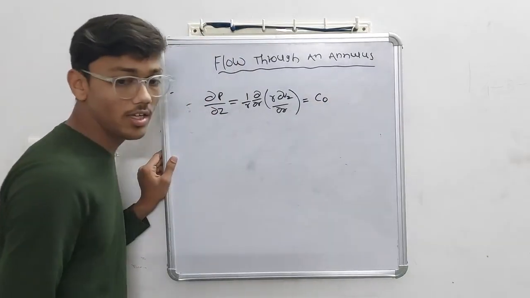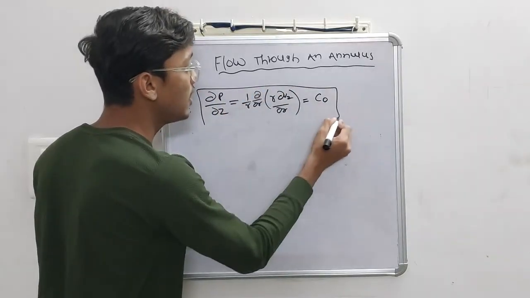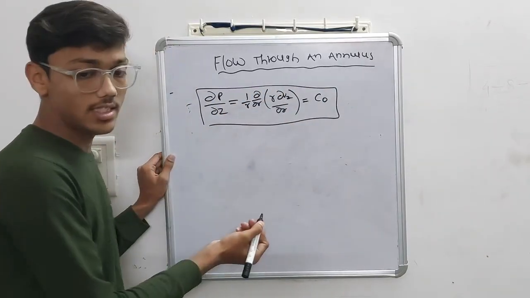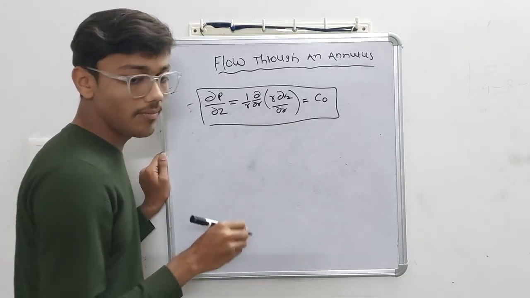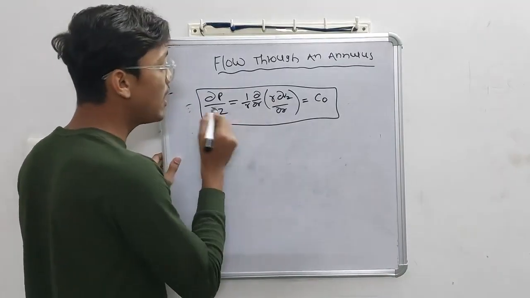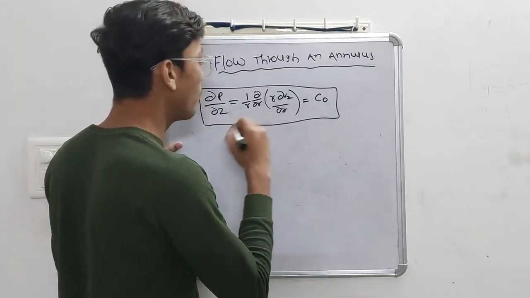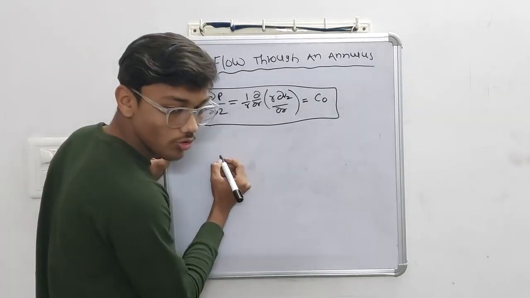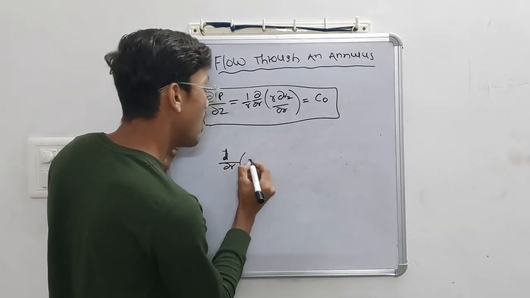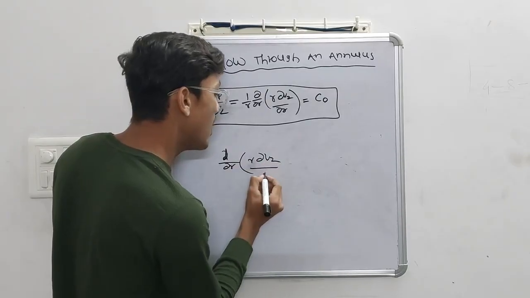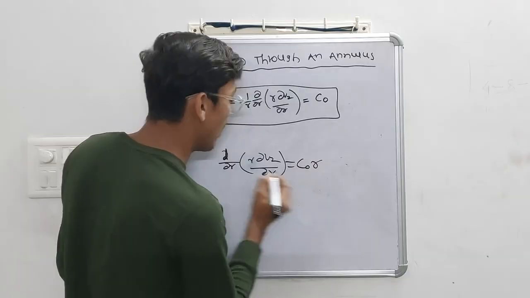Solving this differential equation, we multiply both sides by r, so we have d by dr of r dvz by dr equals C naught times r.